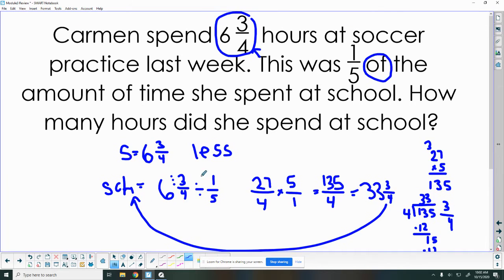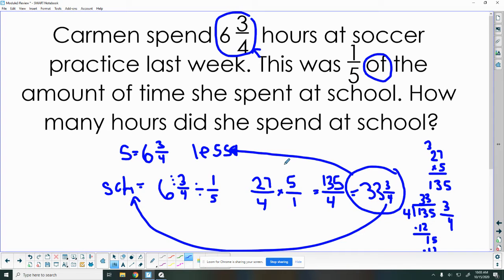So let's double check. Carmen spent 6 3/4 hours at soccer practice, which is 1/5 of the time she spent at school. So I know school has to be 5 times bigger. 33 3/4 is 5 times bigger than the amount she spent at soccer.